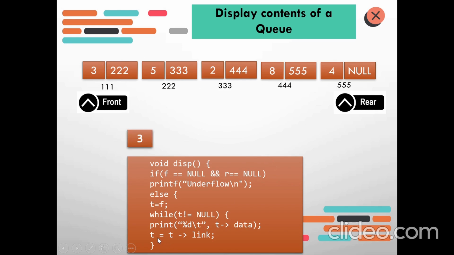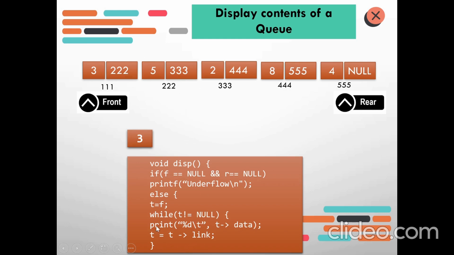Right? Now you need to add, if you forgot this instruction, it would make the t point to this node continuously without updating it. So we need to update it to the next node. How? We are assigning t the link part of t. So what is the link part of t? 2 2 2. So t would be assigned 2 2 2, which advanced it to this node.